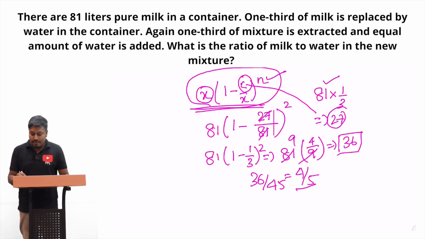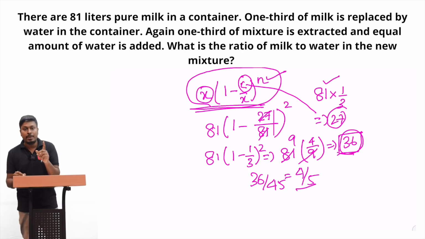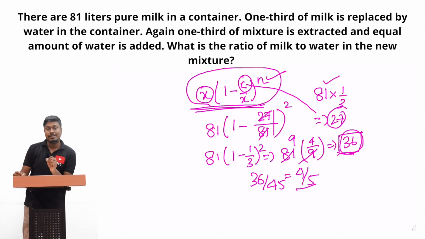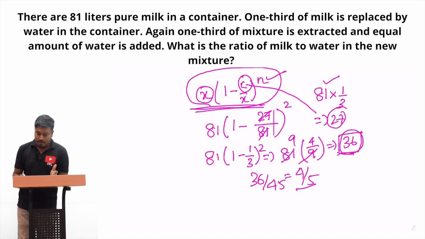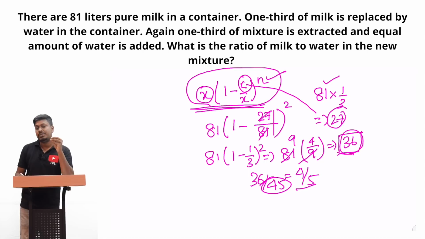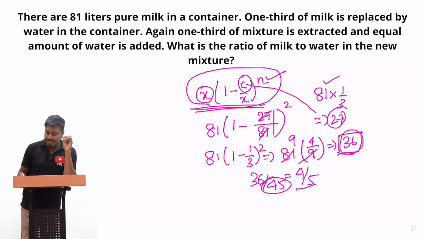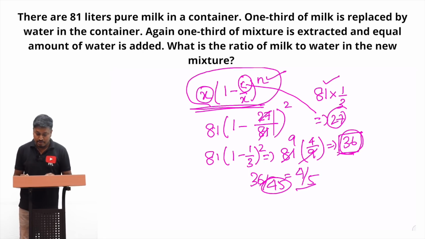We found that after 2 processes are completed, 36 liters of milk is there. So out of 81, if 36 is milk, then the remaining will be water, which is 45. According to the question, our target is to find the ratio of milk to water, which means 36 divided by 45. So we can say that 4 by 5 will be our answer.